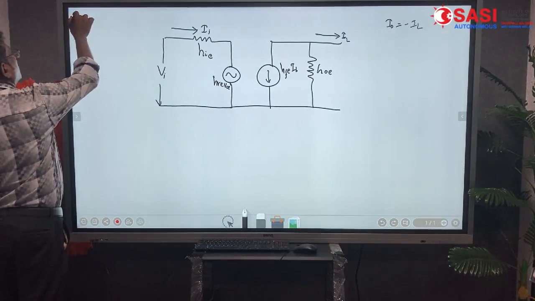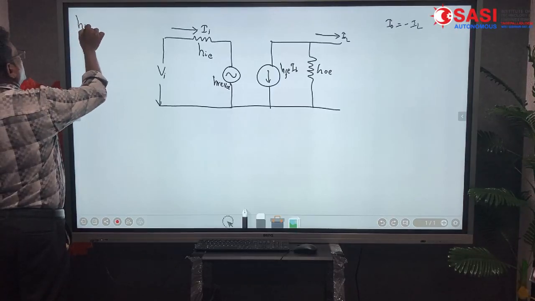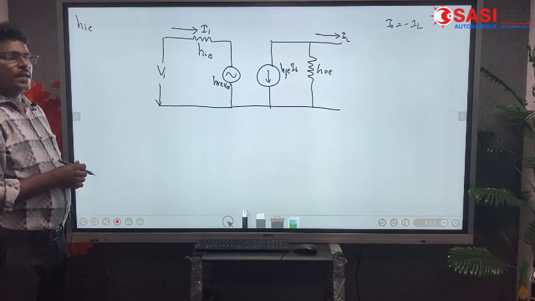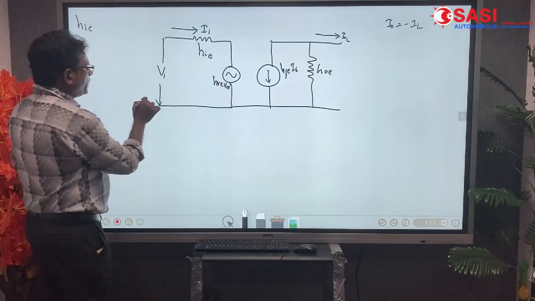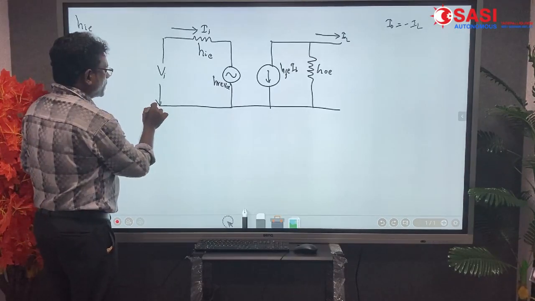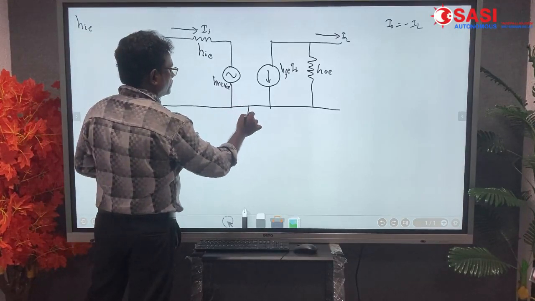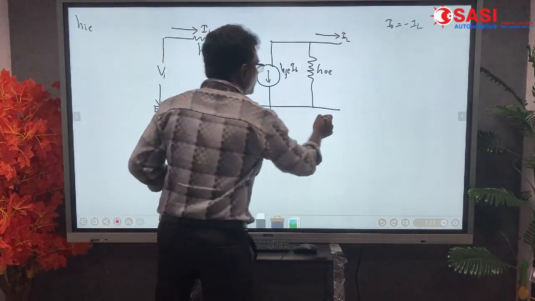I named in the circuit HIE. E because common emitter configuration. Common emitter, emitter is grounded. It is common to the 2 ports.